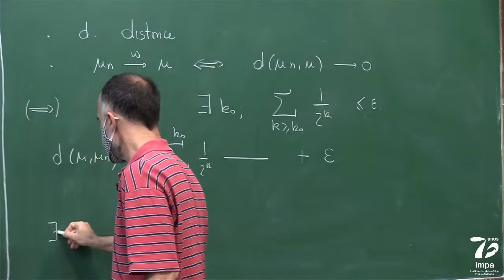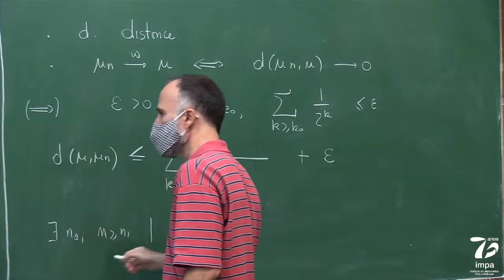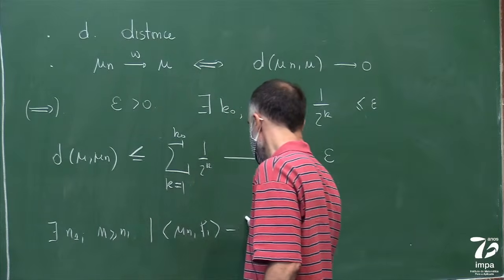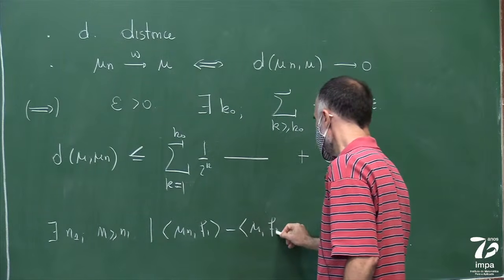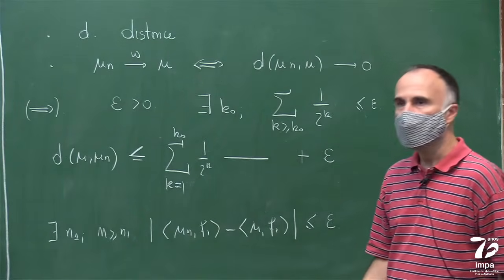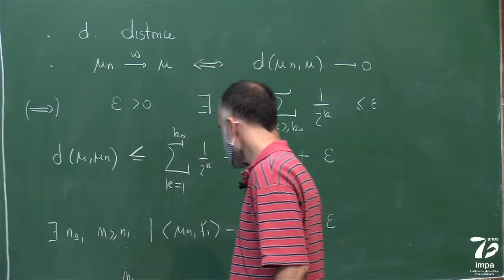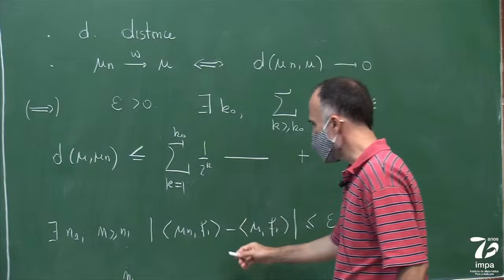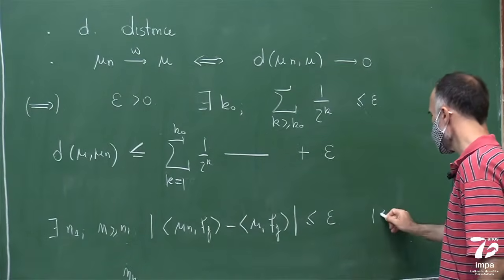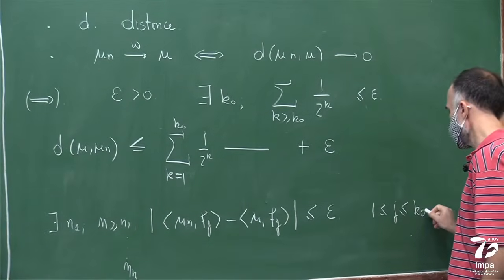Okay, so there exists an n1 such that if n is larger than n1, then this difference, mu n f1 minus mu f1, is bounded by epsilon. And you do that for n1 up to nk. You take the maximum. So for n larger than the maximum, what you know is that these differences are bounded by epsilon for all j between 1 and k naught.